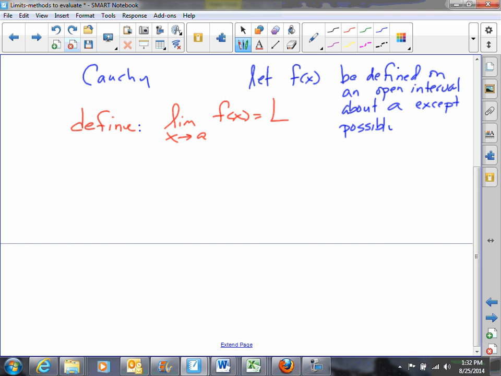This is kind of stilted. Let's see if I can explain this. What we're saying is that there is some interval of numbers. It's open at the end, so open circles. And it contains a, and the function f is defined on all the values in this interval, except it might not be defined at a itself.